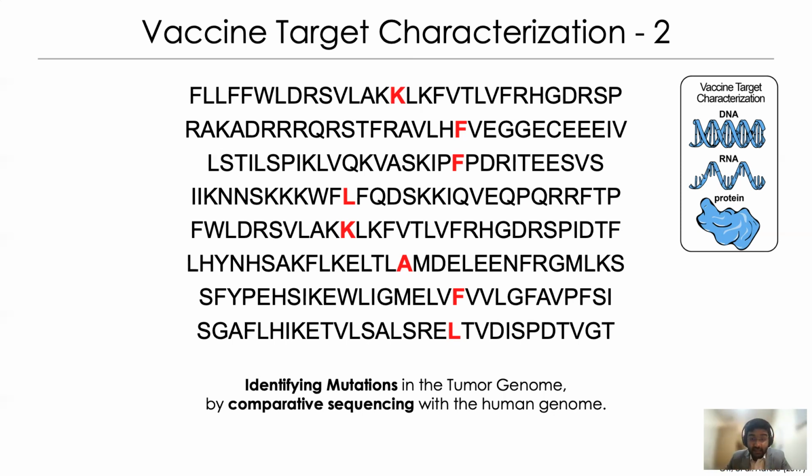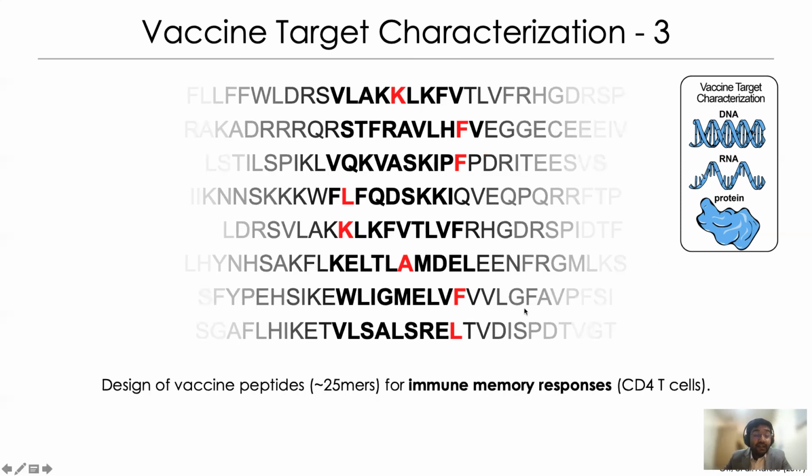And once these specific things have been found, the vaccine peptides are designed, essentially starting with 25 MERs for immune memory responses. The 25 MER peptides are essentially required for these peptide vaccines. The idea is to generate some CD4 plus T cell responses.